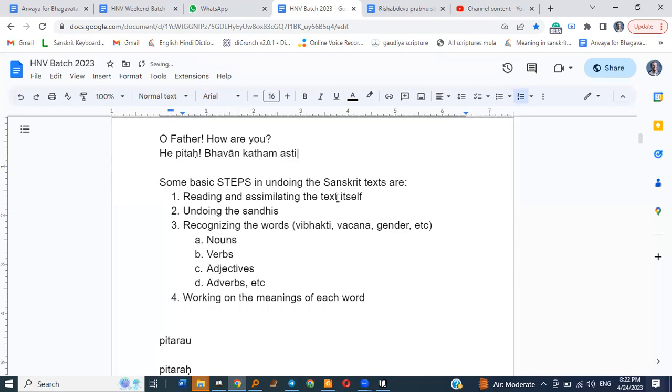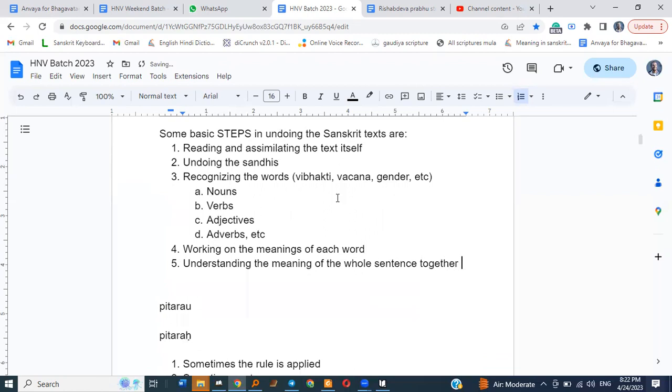And then understanding the meaning of the whole sentence together, right? The fourth step is we understand the meaning of each word, and then we understand the meaning of the whole sentence after we have understood the meaning of each word.